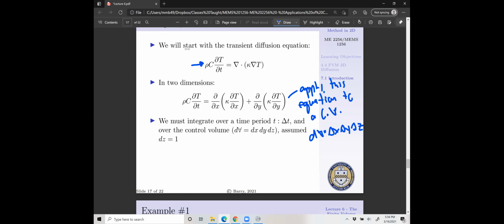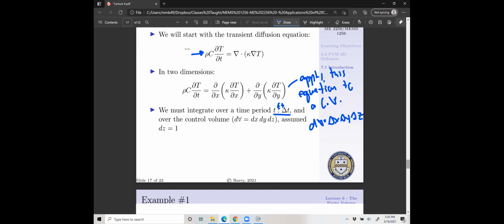So we need to integrate over our volume, and we also need to integrate over a period of time. In that period of time, we're going to go between t and t plus delta t. So for this, we're going to assume you just have a unit depth in our system right now. You can express that as unity, or really, we can just keep it and see how it plays out in the end.